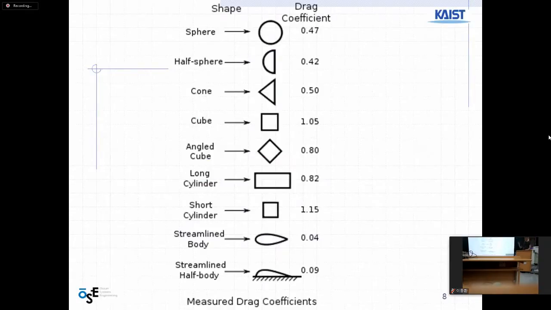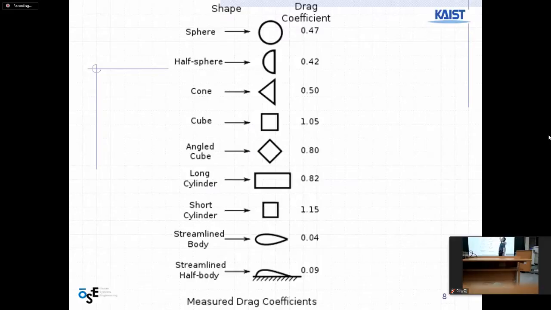Can you remember this from the hydrodynamics class? Drag coefficient. A blunt shape, something like a square, is highest. Or a short cylinder, meaning this way, is higher.